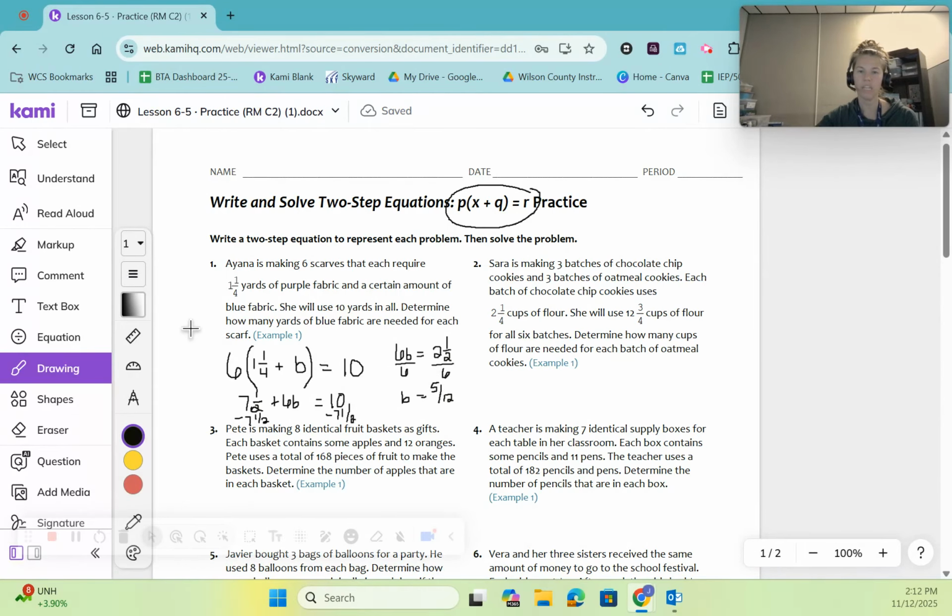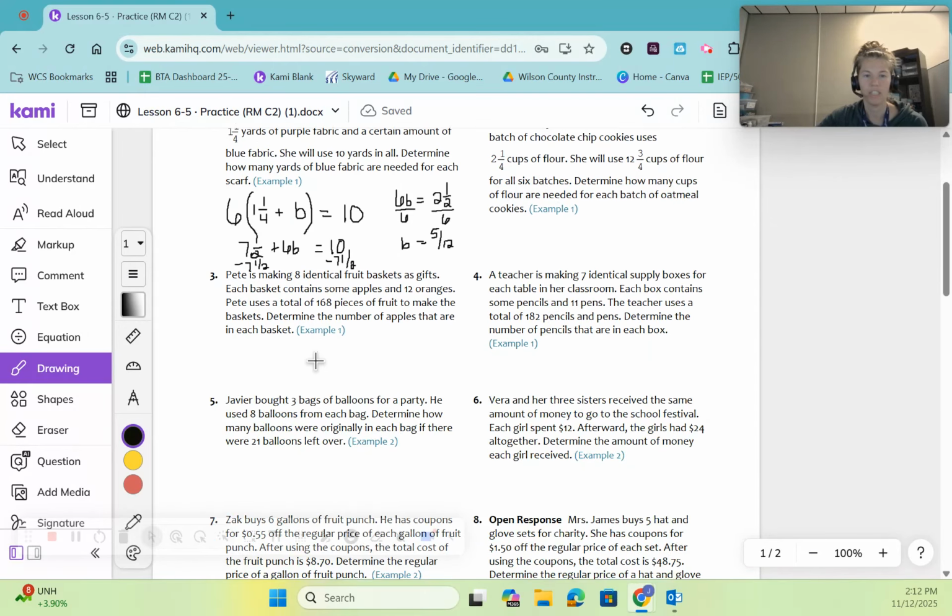There's another one, number 2, that also has some fractions involved. Let's look at one that's maybe a little more simple just because it has whole numbers. Pete is making 8 identical fruit baskets as a gift. Each basket contains some apples and 12 oranges. Pete uses a total of 168 pieces of fruit to make the baskets. Again, the distributive property, we have that grouping symbol.